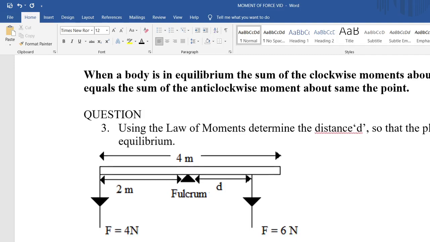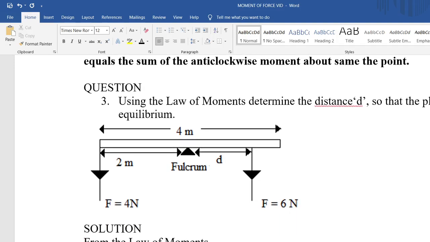Looking at our solution, we use the principle of moment, which says that the sum of the clockwise moments is equal to the sum of the anti-clockwise moments. I'm using subscripts: FC is my force for the clockwise moment, DC is the distance for the clockwise moment, FA is the force for the anti-clockwise moment, and DA is the distance for the anti-clockwise moment.